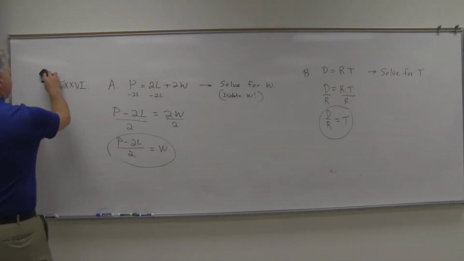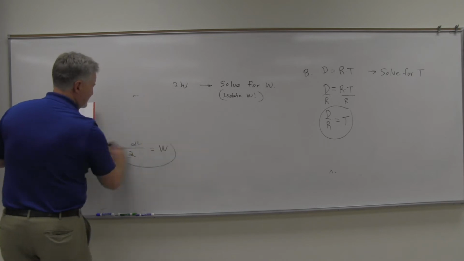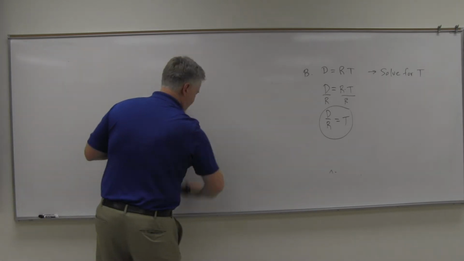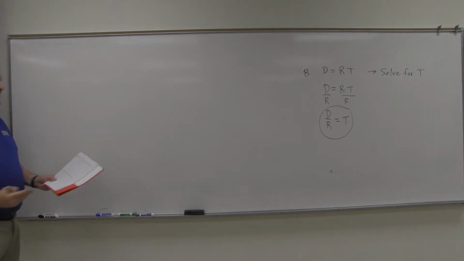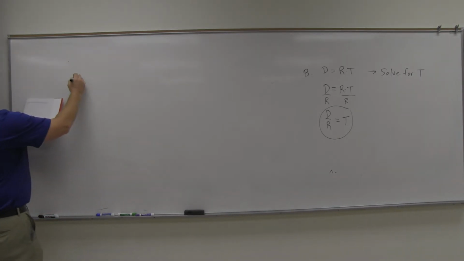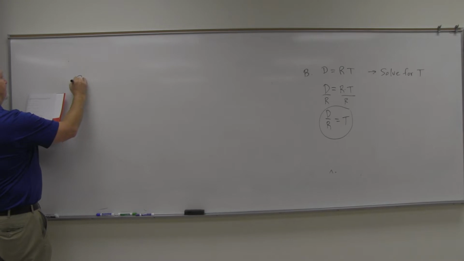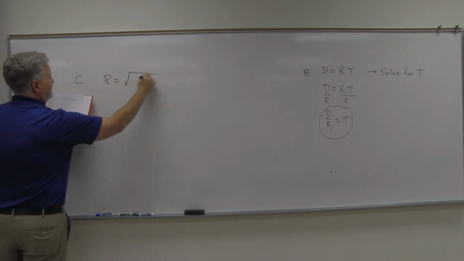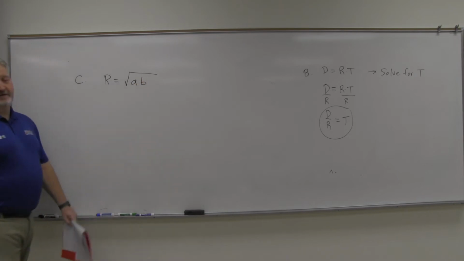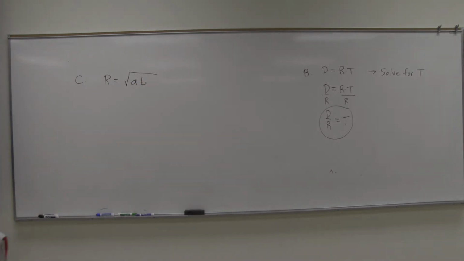So C gets into the square root equations, all right? So you do the same things for those equations as we've been doing when we just had one letter. This just amounts to having more than one variable or letter.